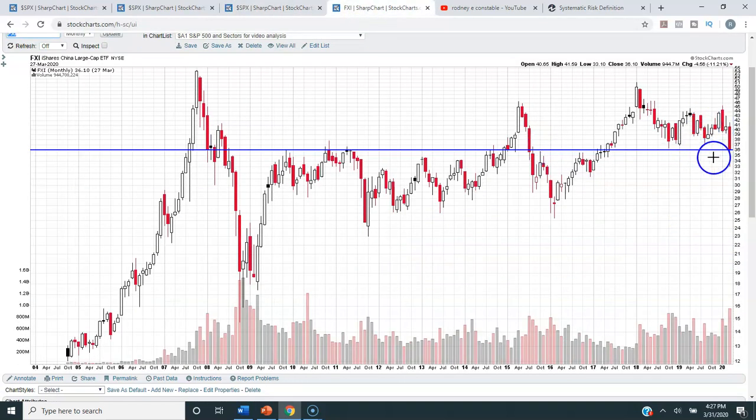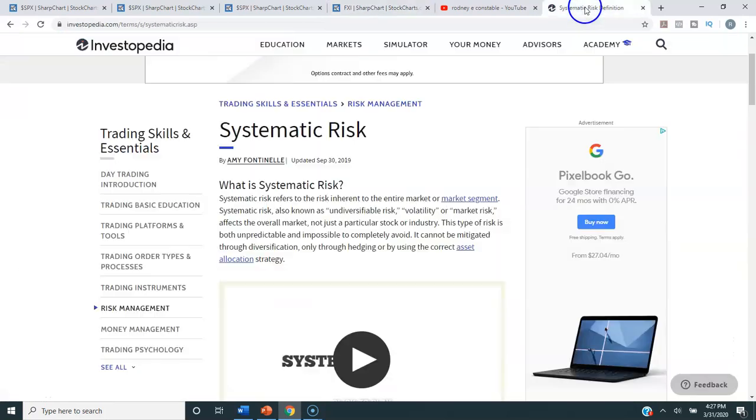Owning international equities when the entire system goes down does not help you. And unfortunately, bond yields now, because historically you use treasuries, high-quality bonds, to offset equity risk. That's how you used to be able to diversify and deal with some of this systematic risk. But bond yields are so low these days, guys, that it's just not going to work like it used to.